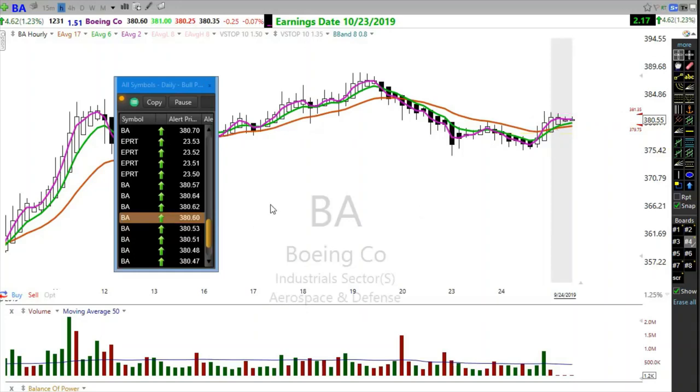David, I don't use the TC2000 scanner anymore. Writing the code for a Heikin Ashi is not simple. Okay? The guy who does all of our code writing here is pretty darn close to brilliant.